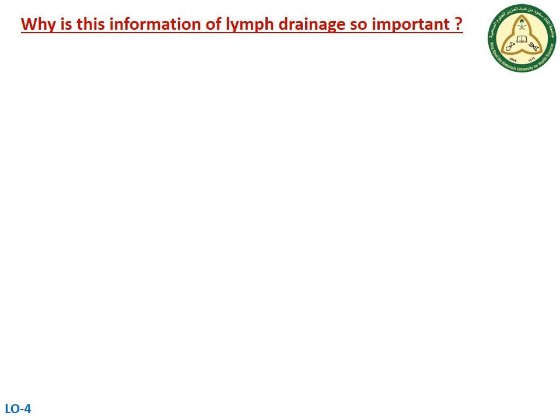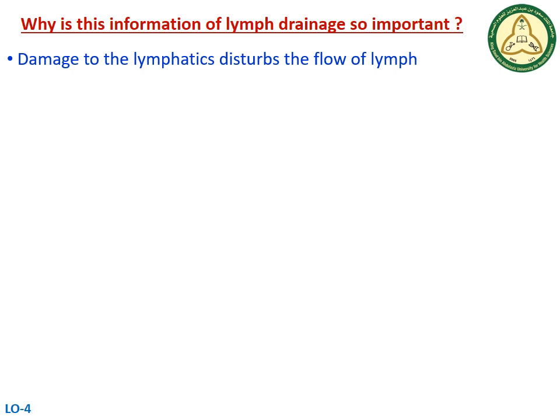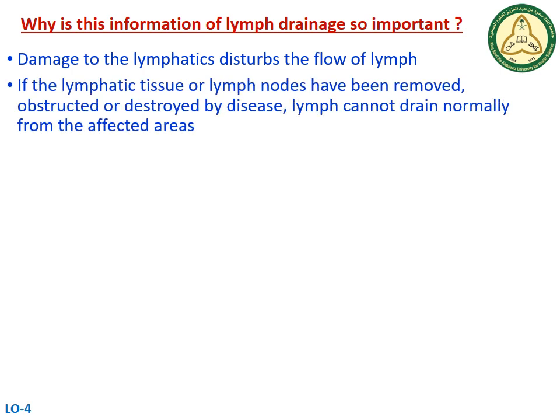Now, why is this information on lymphatic drainage so important? Damage to the lymphatics disturbs the flow of lymph. Any pathway in between, the capillaries, vessels, lymph nodes, trunks, ducts, any obstruction, any damage, what will happen? Failure to collect that extra 10% that is there in the tissue, and what will happen? The tissue will start to swell, edema.